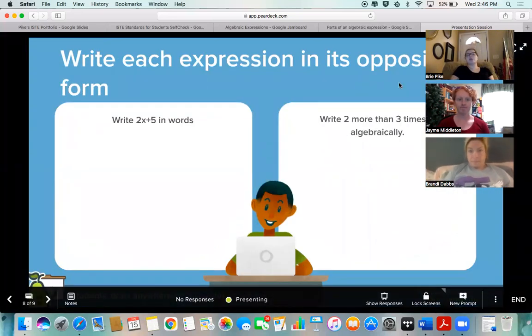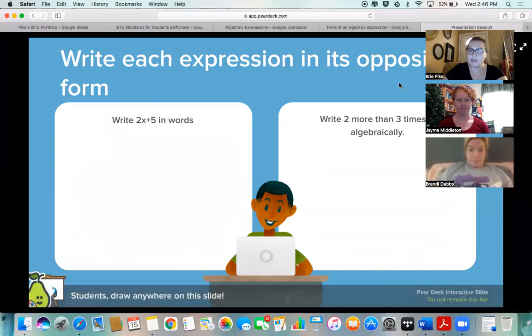Now I want you to write each expression in its opposite form. So when I say opposite form, what do you think I mean? Write it backwards. If I gave it to you in numbers, I want you to write it in words, okay? And then if I gave it to you in words, I want you to write it in numbers.